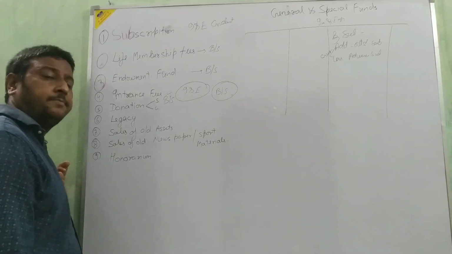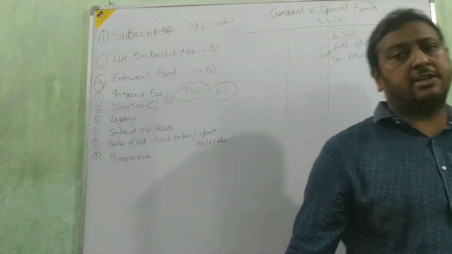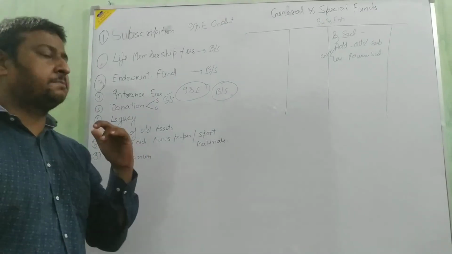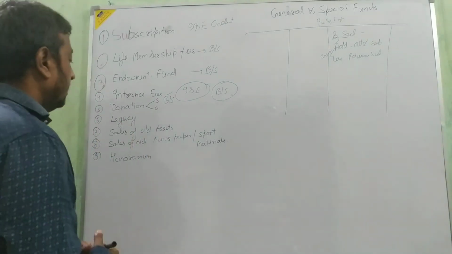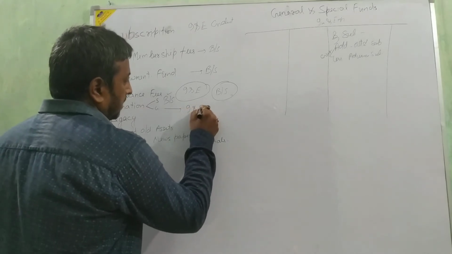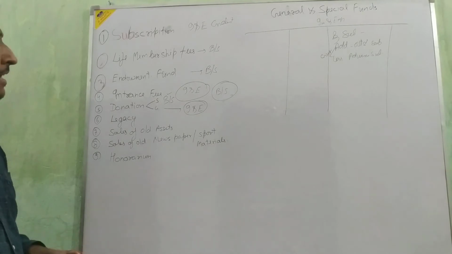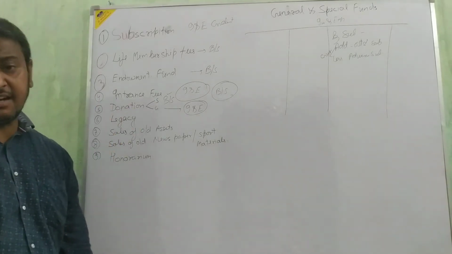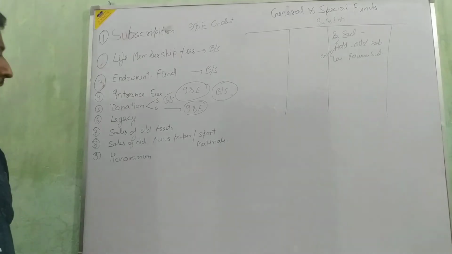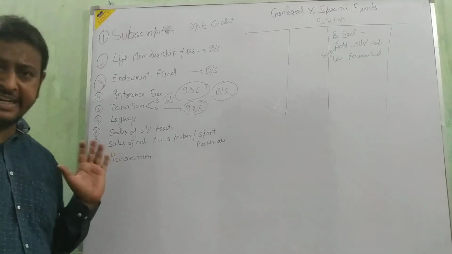Okay. Next, general donation. If no information is given about the donation, or the donation is not for any specialized thing, then take this donation in the income and expenditure account, on the credit side.